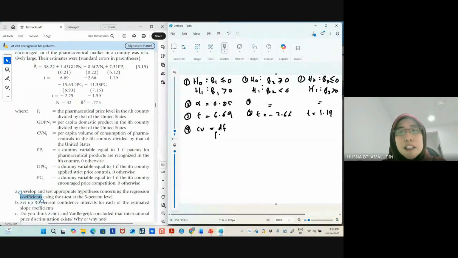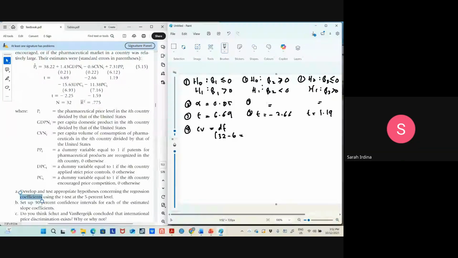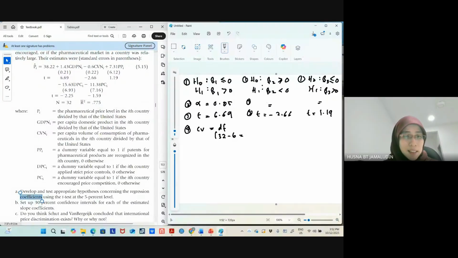The n is 32, minus your constant and all the independent variables. So constant 1, 2, 3, 4, 5, 6. So you have to minus 6. So what will you get? Anyone with the calculator? 32 minus 6? 26. Confirm? Yes. Okay, thank you. 26.